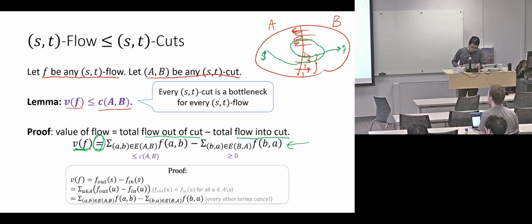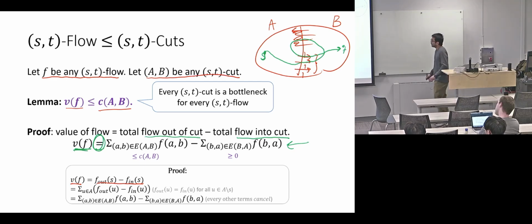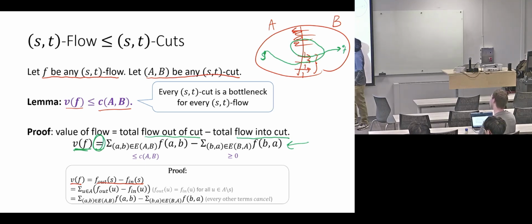Okay, so from the definition, the value of the flow is the net flow out of S, right? But then you know that for every node U on the side of A which is not the source, the net flow is 0. The in and out flow of every node in A that is not S is 0.